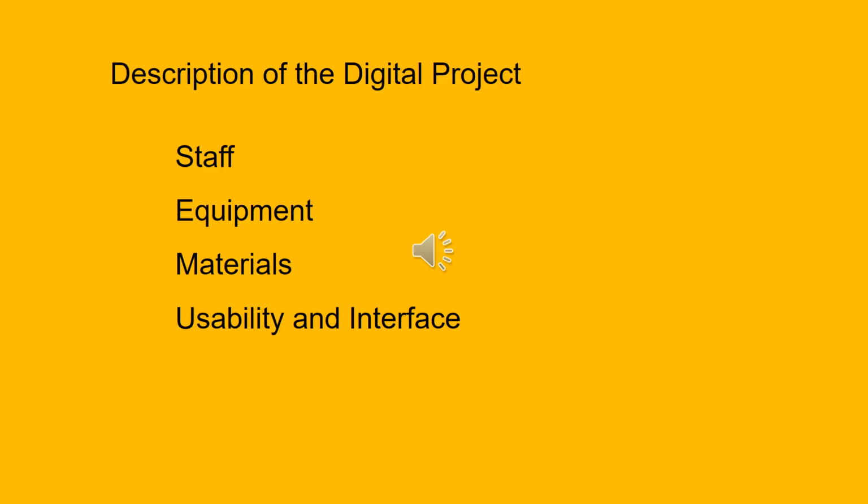Then I go into the usability and interface of the digital library project, and go into the prototype demonstration. I give the metadata scheme, qualified Dublin Core, and then I give a short XML schema.